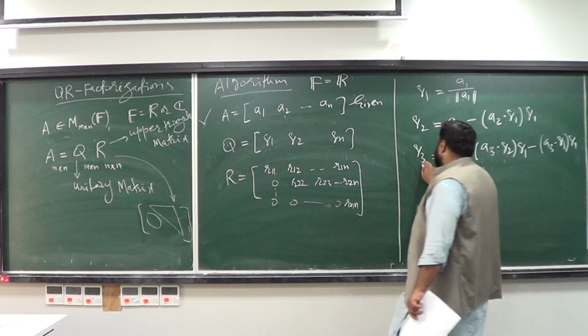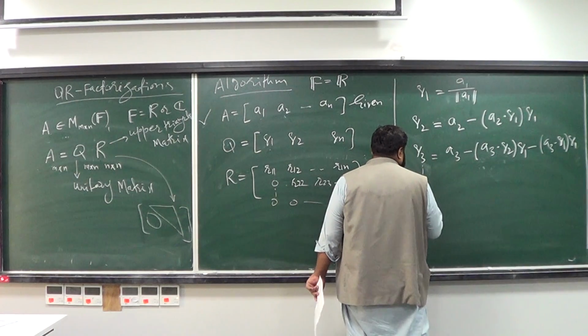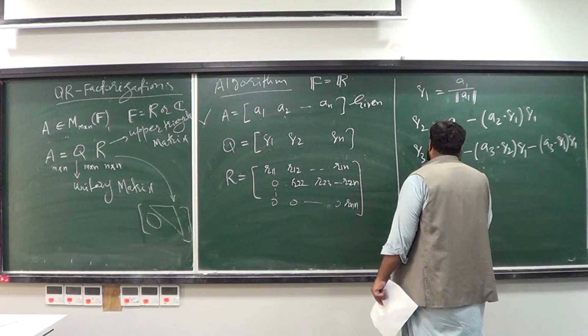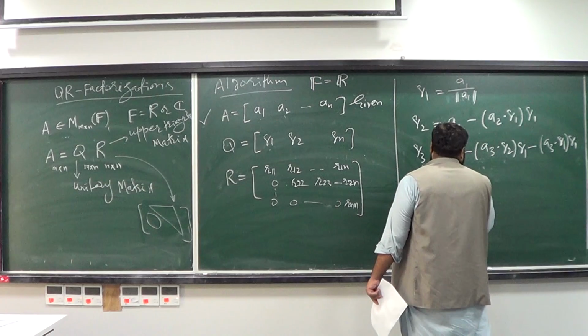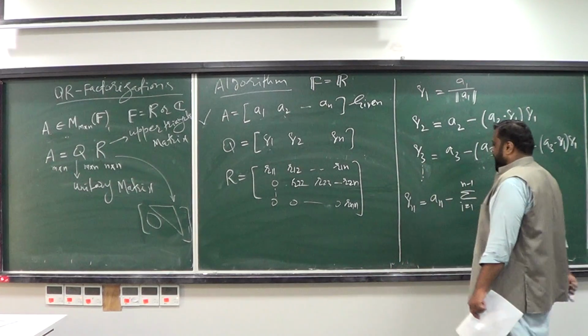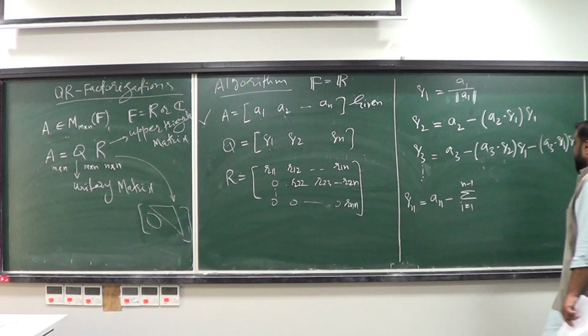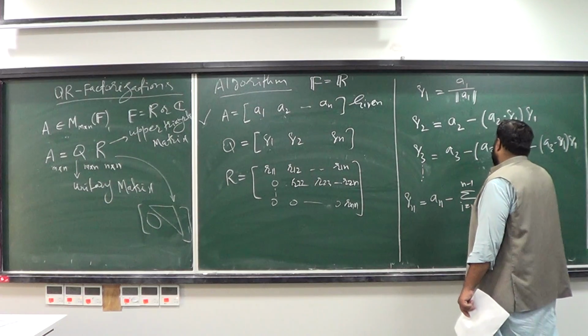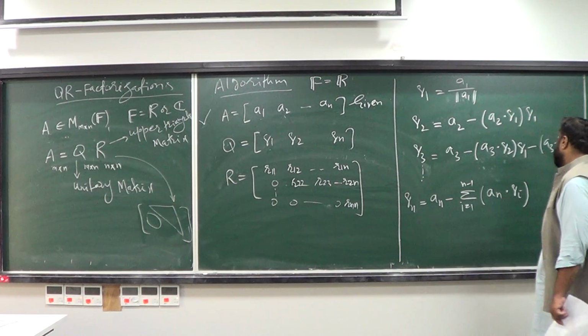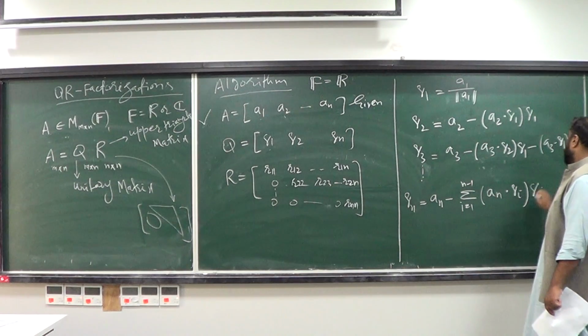So in general, if you want to, for example, find Qn, the Qn is going to be An minus the sum from i equal to 1 to n minus 1 of An dot Qi times Qi.